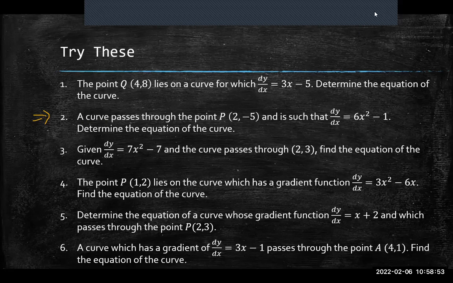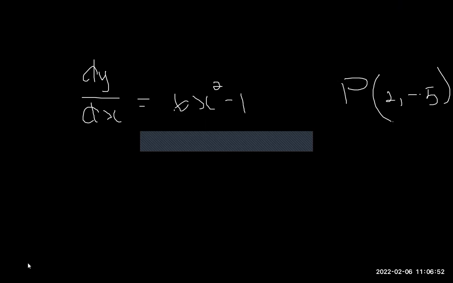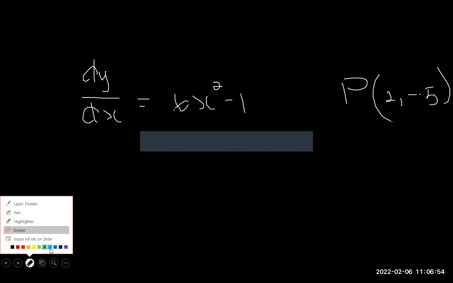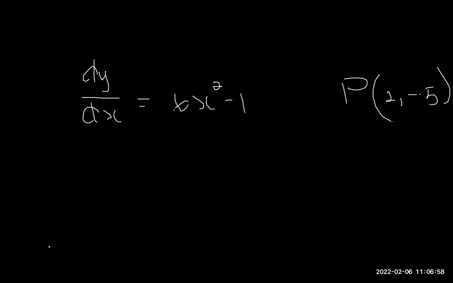Okay, do number 2 for me. They asked me to find the equation of the curve. So the first thing I need to do is find y. How do I do that? I integrate my gradient function. So y is equal to the integral of 6x squared minus 1 dx.